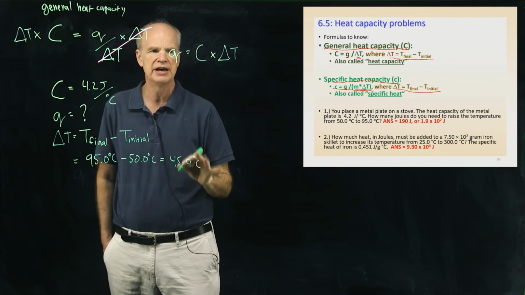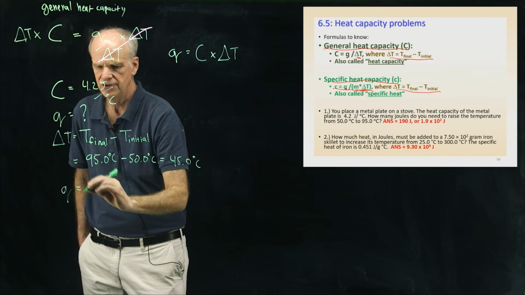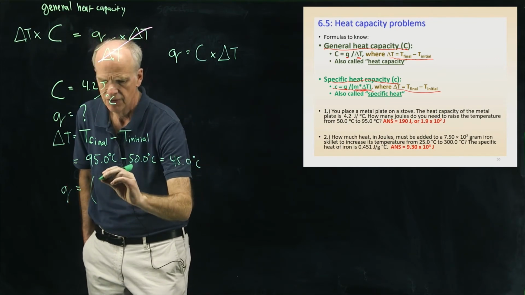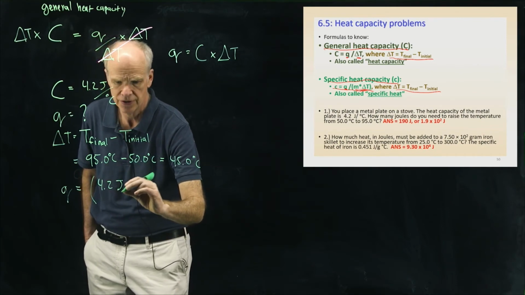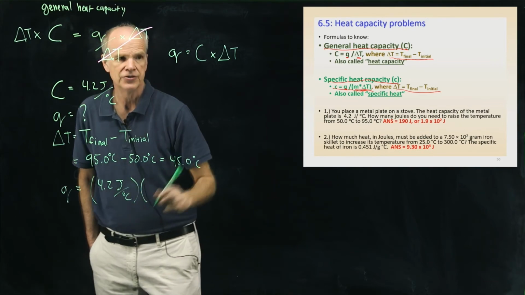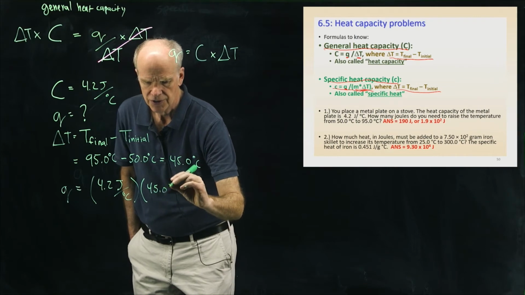Let me plug in the numbers. Q is going to be the heat capacity, which is 4.2 joules per degree Celsius, times delta T, which is 45.0 degrees Celsius.